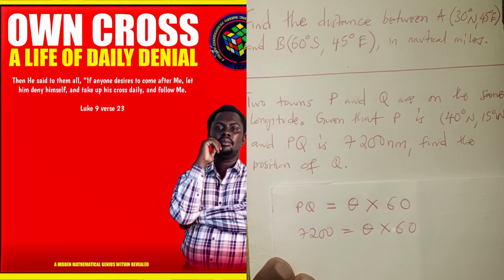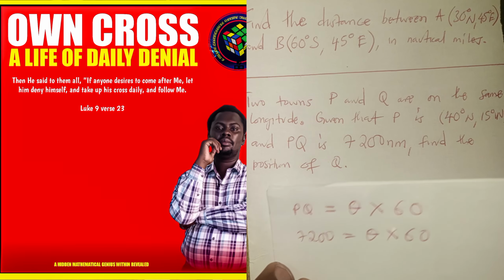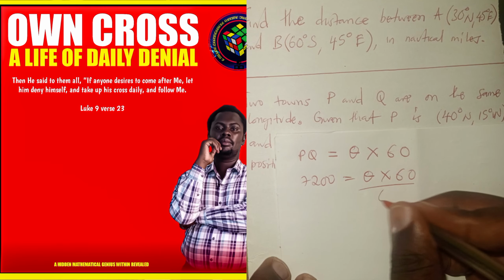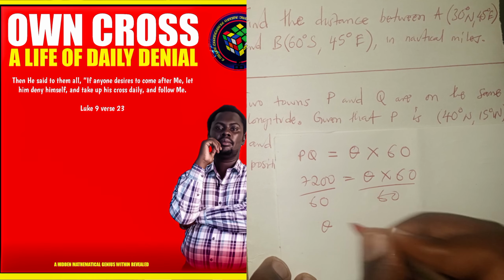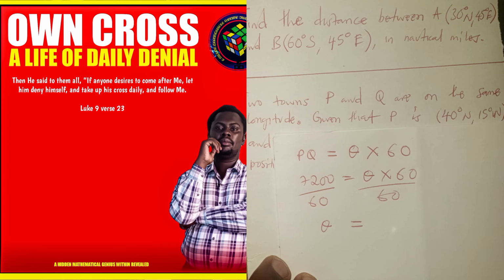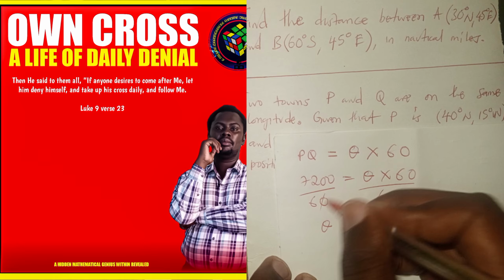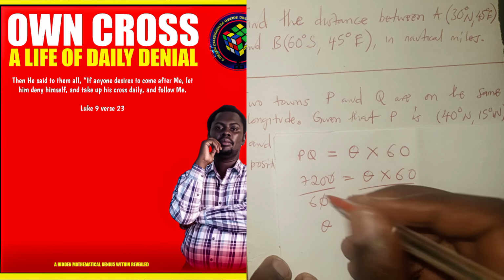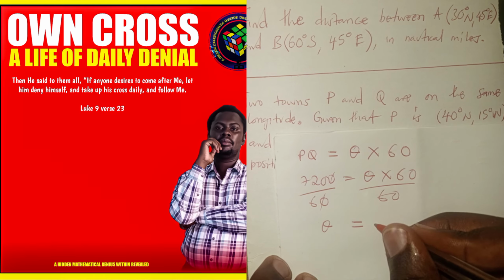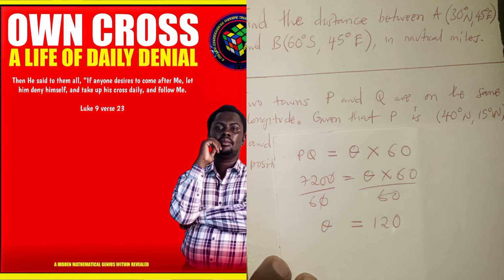To make theta the subject of the formula, we divide both sides of the equation by 60. Theta is equal to, we cancel out the zeros. What is 6 in 720? Yes, you get 120 degrees.